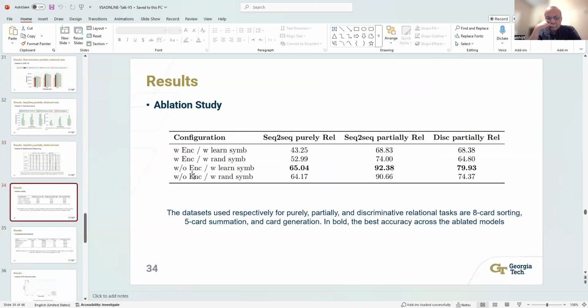Now, as an ablation study, we decided to remove the attention-based encoder and try to make the samples fixed and non-learnable. We see here that the resolve without the encoder and with learnable samples achieve the best results for purely relational, partially relational, and discriminative partially relational tasks.